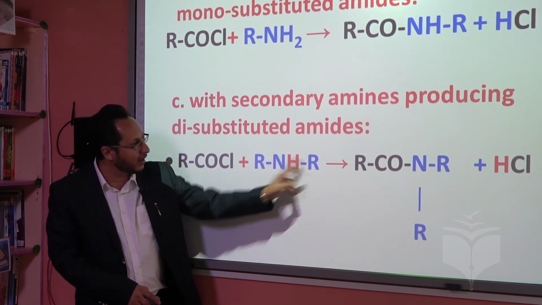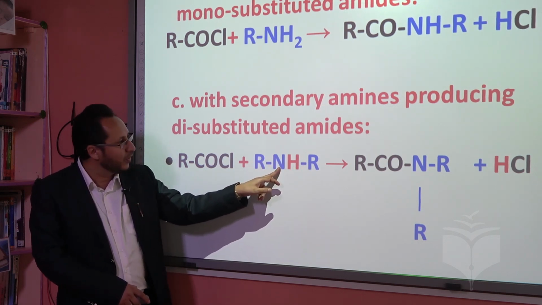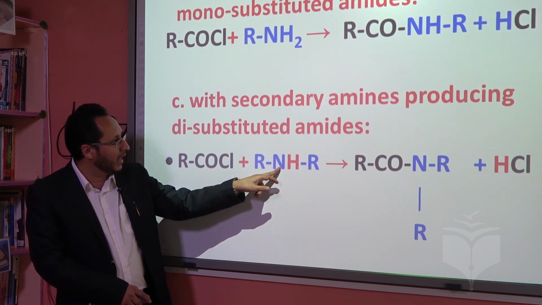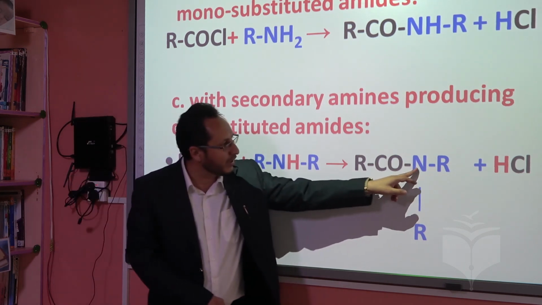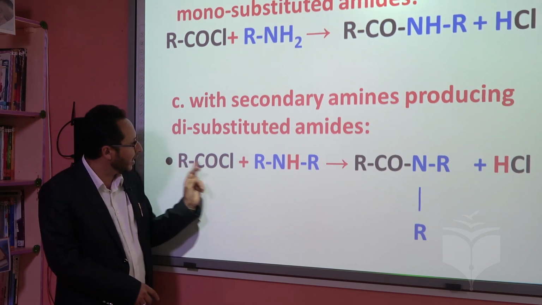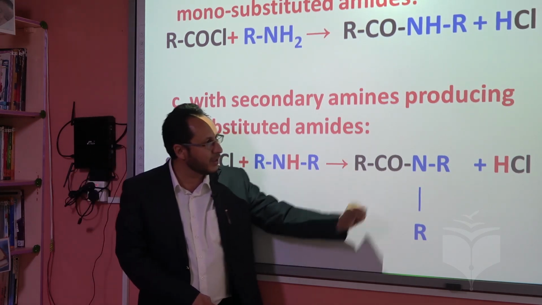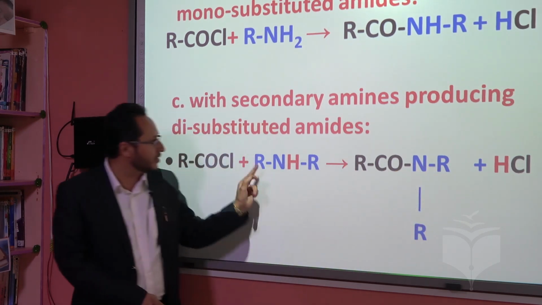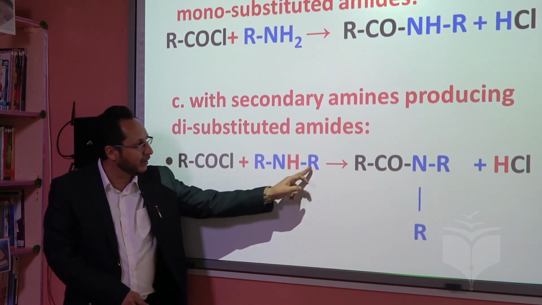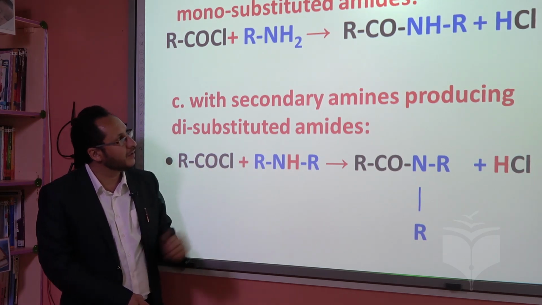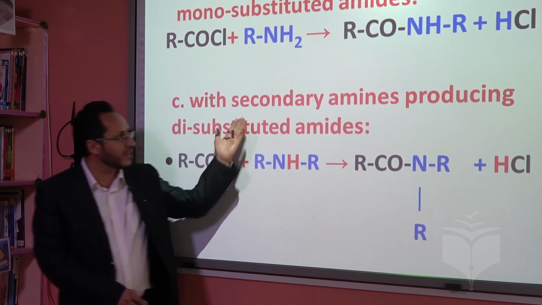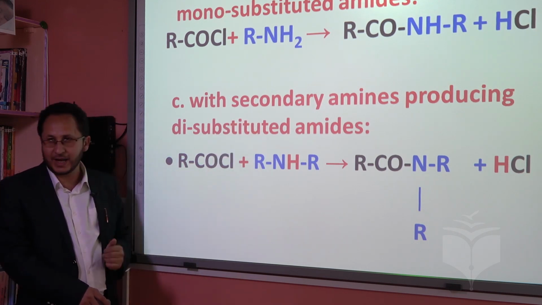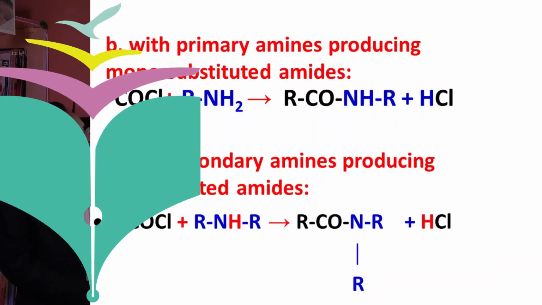So you have to join with the nitrogen atom. Now what we have here is RCO, NRR. So this is for the reaction of secondary amines with carboxylic acids or acid derivatives.